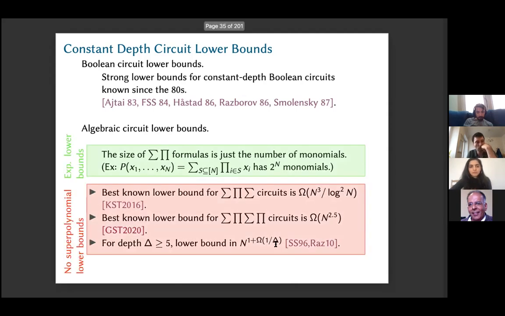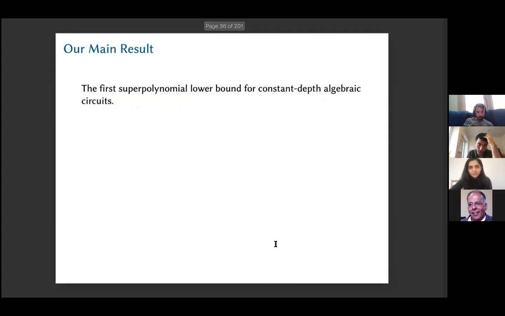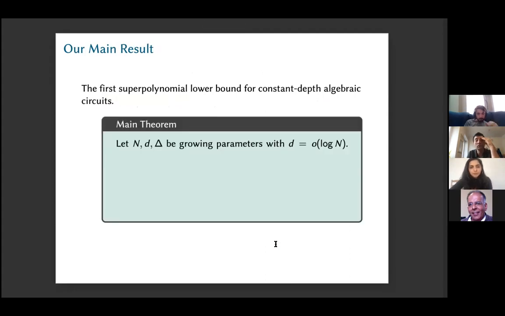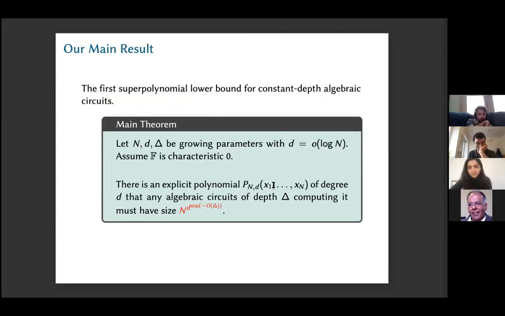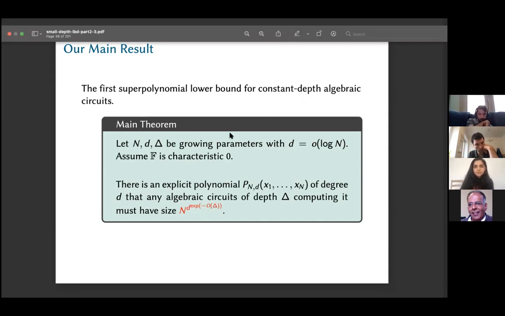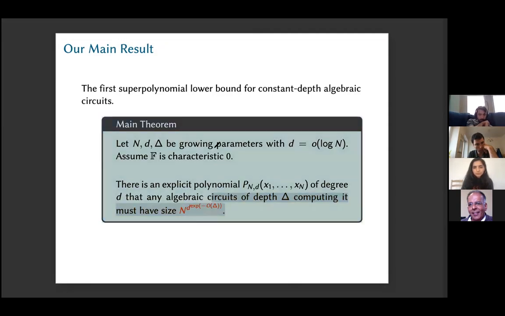So now I can present the lower bound we have. What we are able to show is that there are parameters n, d, and delta, and there are some constraints on these parameters, but that's less important. We are able to say that there is a polynomial, which we can write down very easily, of degree d, such that any algebraic circuit of depth delta computing it has size n to the d to the inverse exponential in delta.